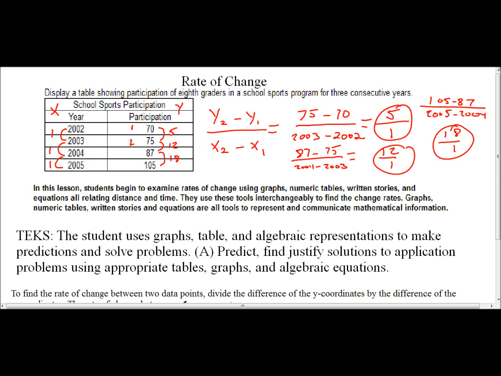So that would answer that question. Then, between which 2 years was the least increase in participants? You can look at 2002 and 2003, and there was only an increase of 5. So this would be the greatest, this would be the least.